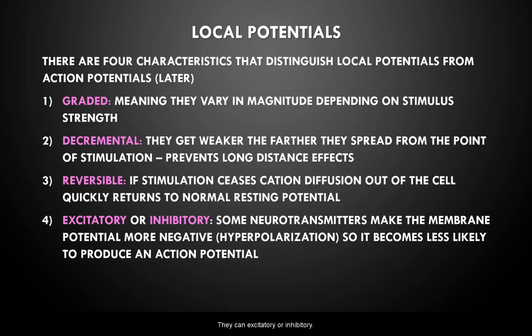They can be excitatory or inhibitory. So that means that some of the neurotransmitters will make the membrane potential more negative, hyperpolarization, and it'll become less likely to produce an action potential. That's inhibitory. Everything we've talked about up to this point has been excitatory.